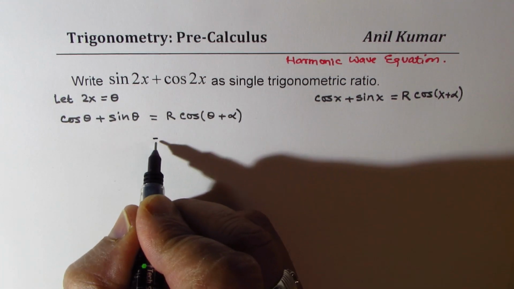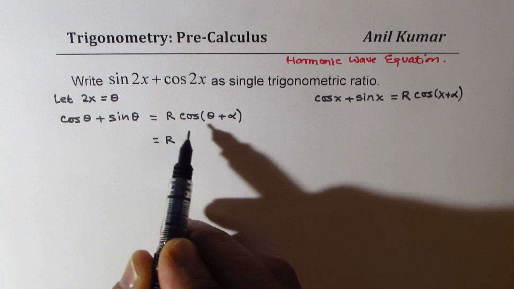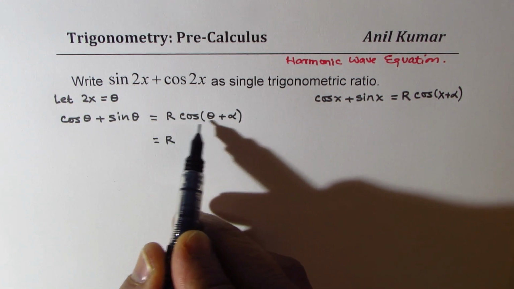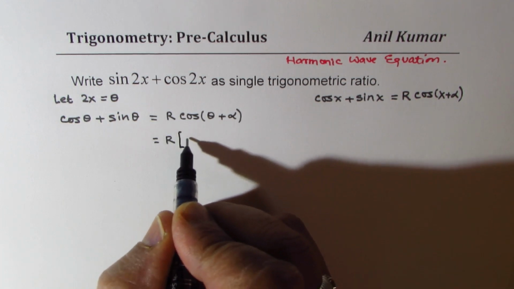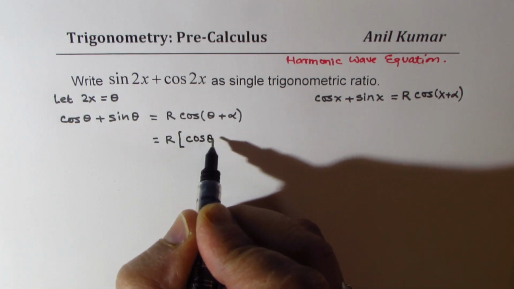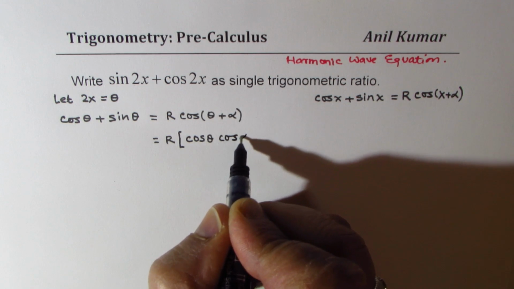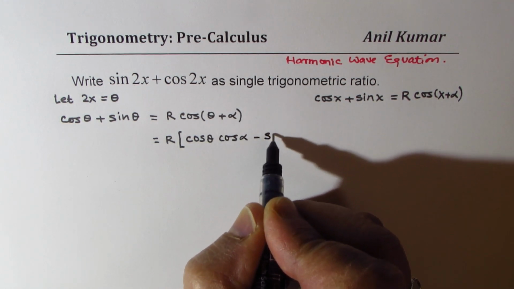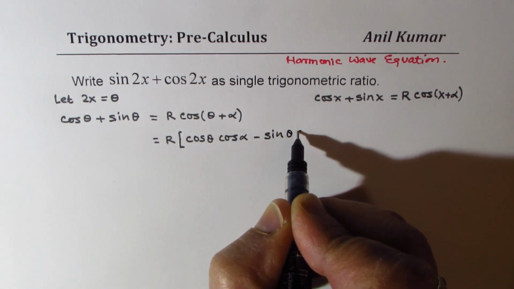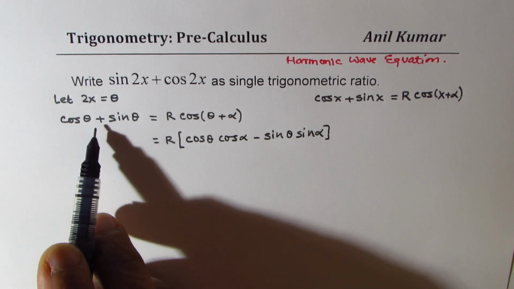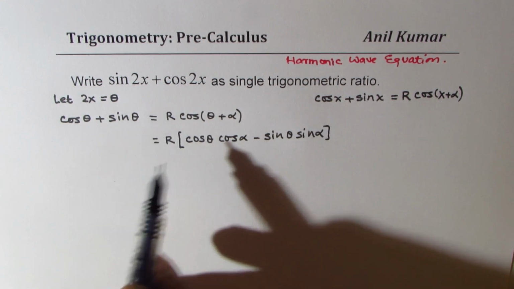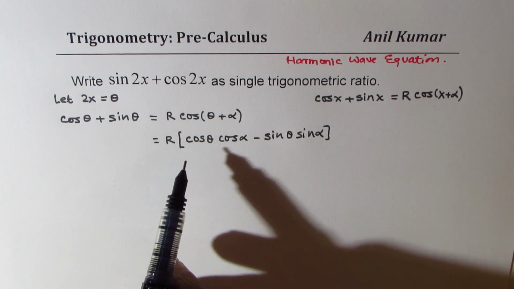Now, r times cos of theta plus alpha, expanding with the compound angle formula, we can write this as cos theta cos alpha minus sin theta sin alpha, correct? Now if you compare these two equations, what do you get?